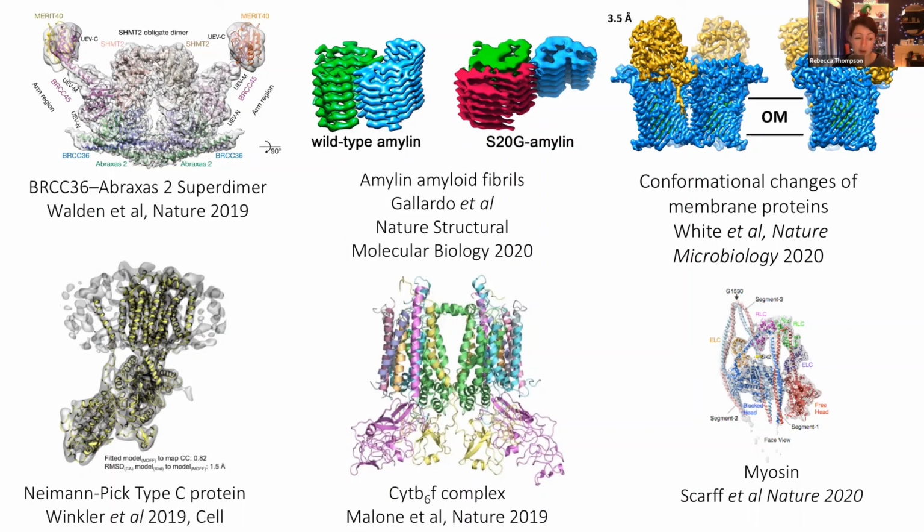You can see we've got a real range here, from really quite labile and awkward macromolecular complexes, to amyloid fibrils, to membrane proteins. This structure just out in Nature was again a very fiddly macromolecular complex. So we're able to use single particle pipelines now to tackle ever more challenging macromolecular complexes.